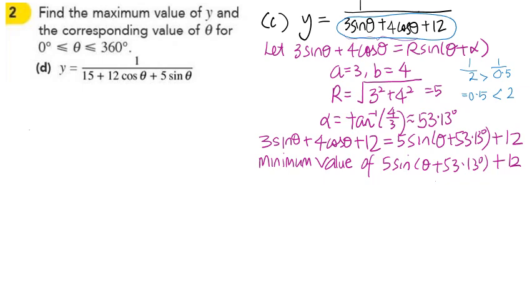So therefore, the minimum value of 3 sine theta plus 4 cos theta plus 12, which we've already been able to express as 5 sine bracket theta plus 53.13 degrees, will be when the sine bracket theta plus 53.13 is -1, plus 12, that gives you 7. So the minimum value of that will be 7.